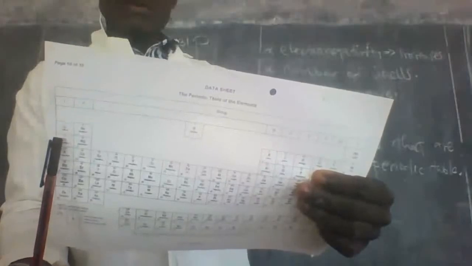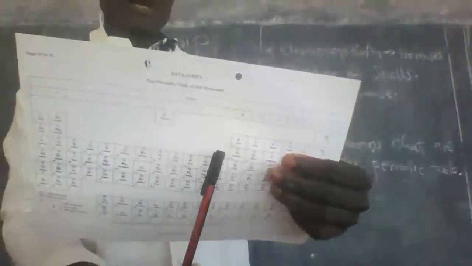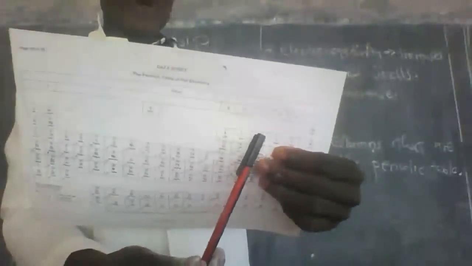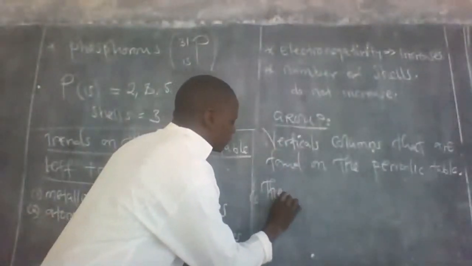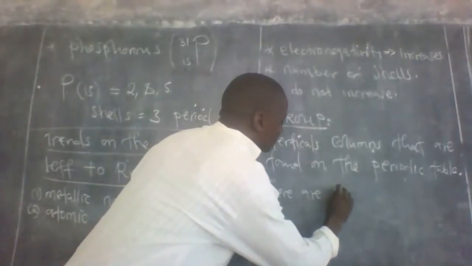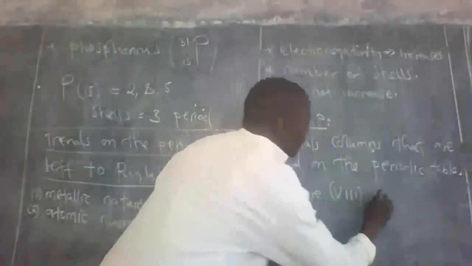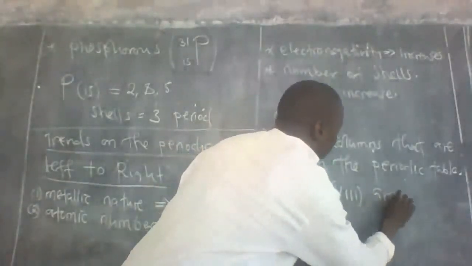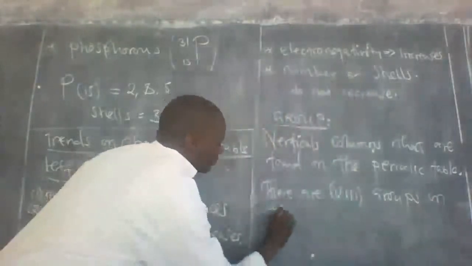If you are to count, you focus on these ones here, which is 1, 2. We're not going to count here. 3, 4, 5, 6, 7, 8. So we are going to say that there are eight groups on the periodic table.